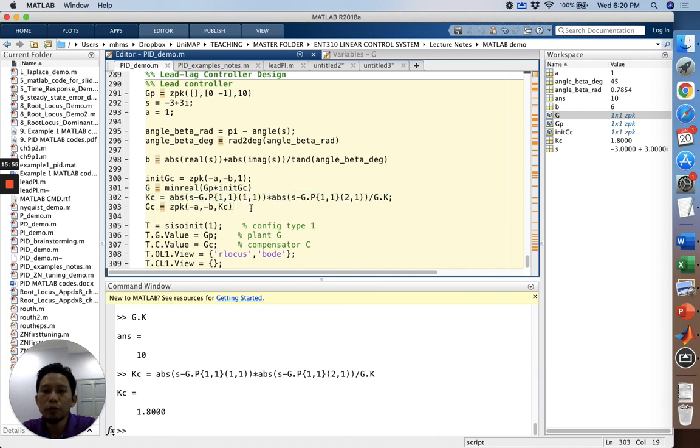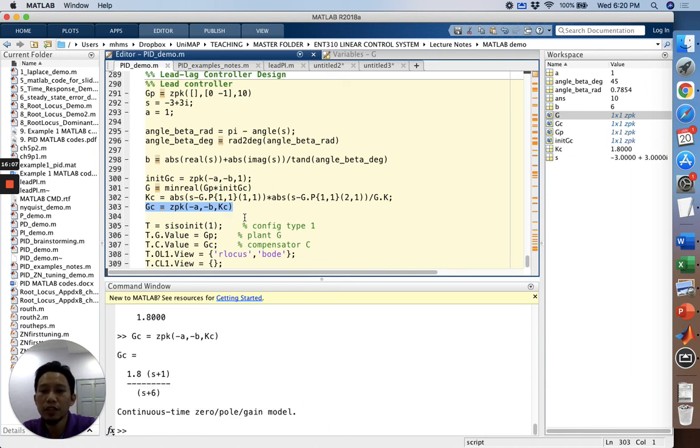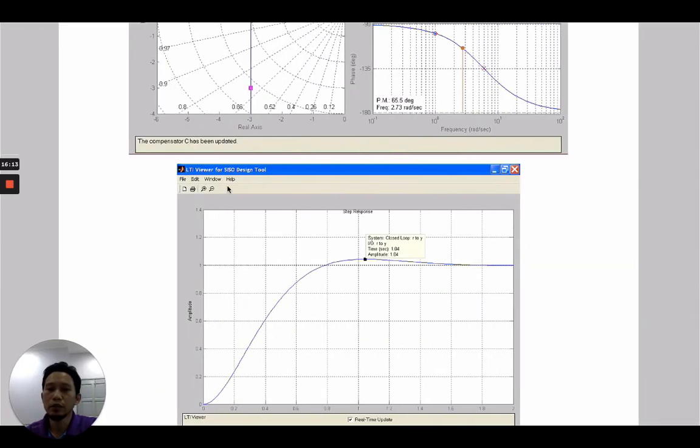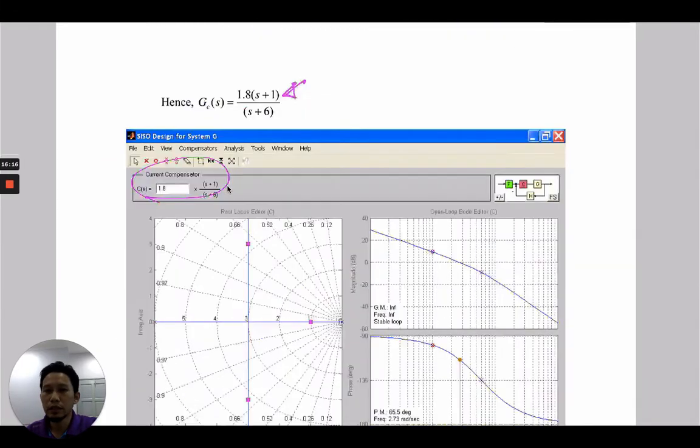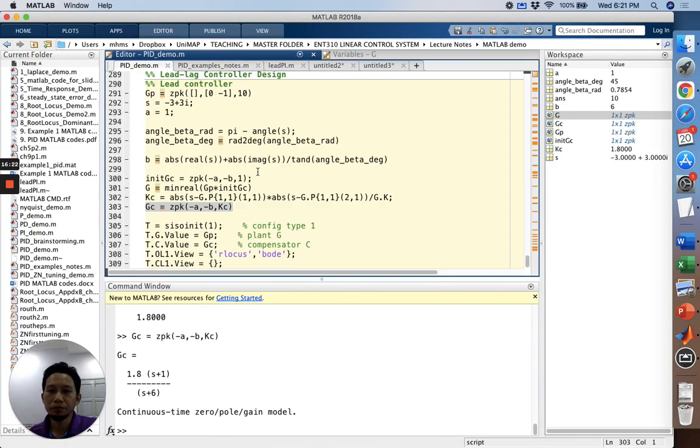And then we can put together the GC: we have zpk of negative A, pole at negative B, and our Kc equals 1.8 here. So this term is actually what we found earlier in our lecture notes: 1.8 times s plus 1 over s plus 6.